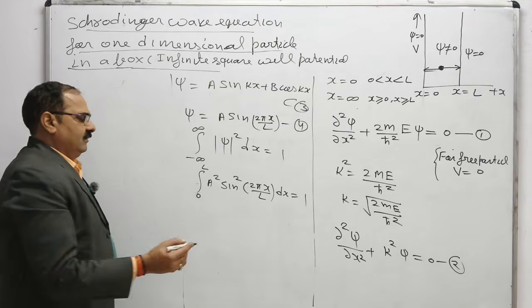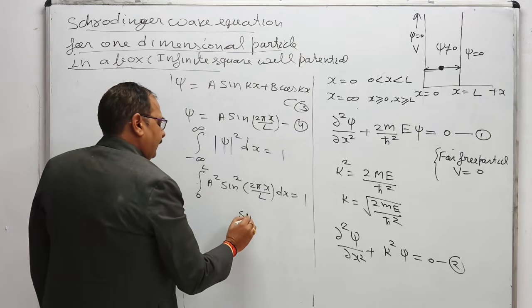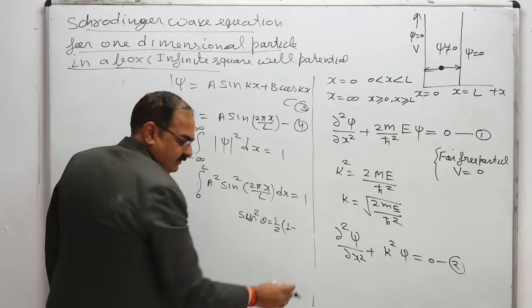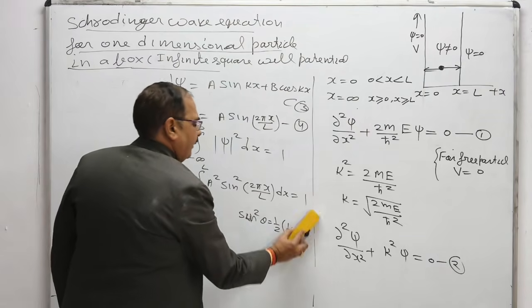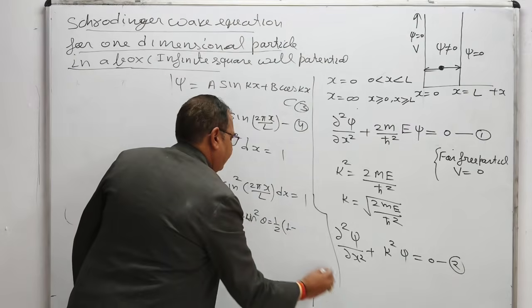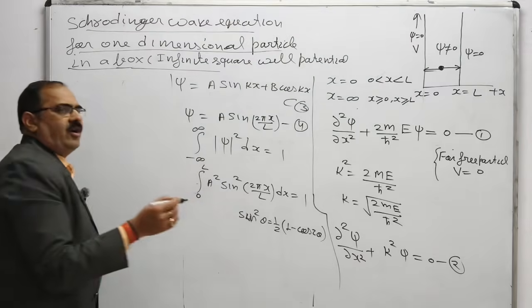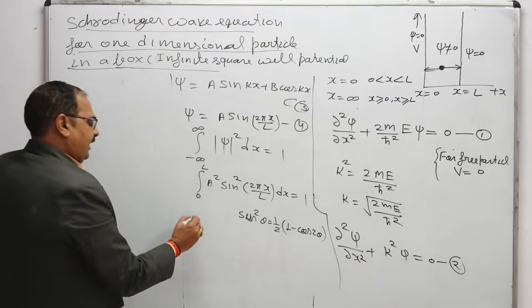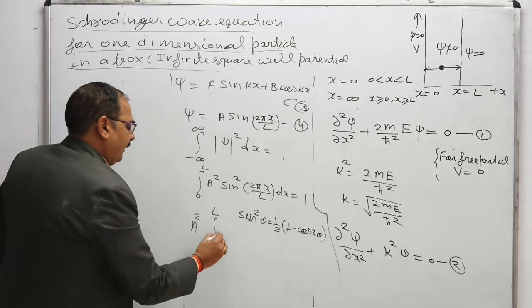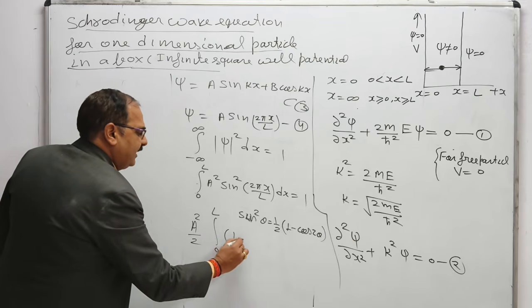We know that sin square theta is equal to 1 upon 2 times 1 minus cos 2 theta. This is the formula.